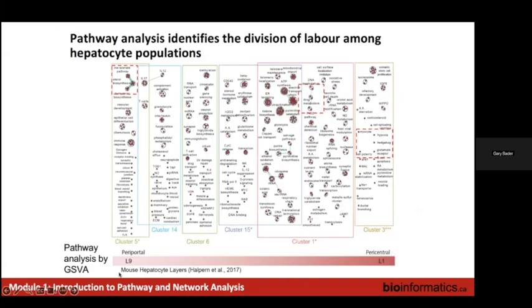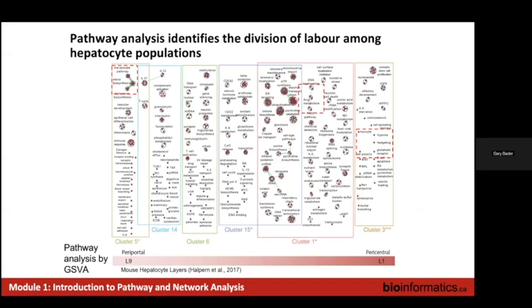So we identified a number of different hepatocyte cell types or subtypes, and we wanted to see how they functioned across this gradient. So we organized the hepatocytes along a gradient that was known. This gradient was studied in mouse, and people had found the gene expression profiles of hepatocytes along that gradient.